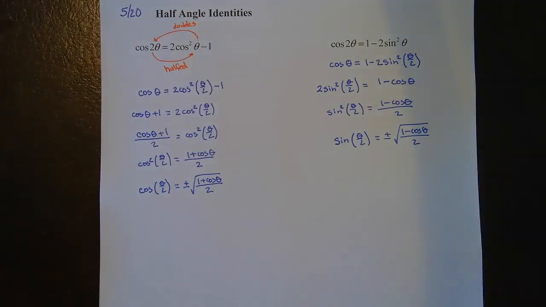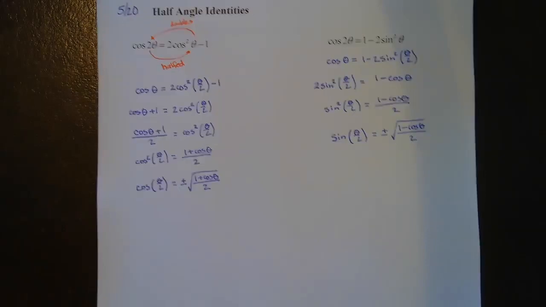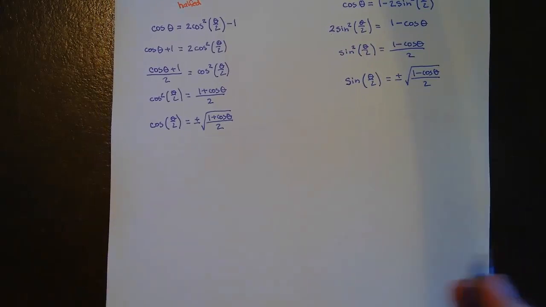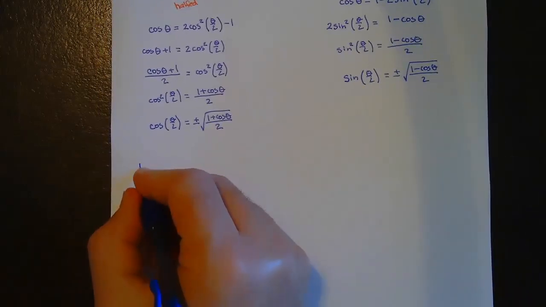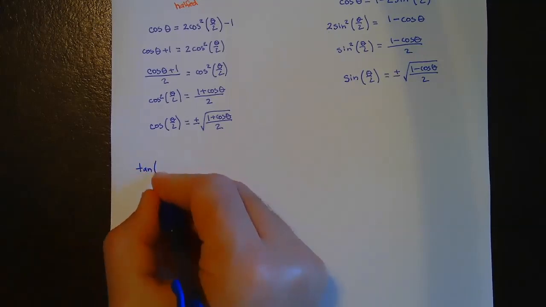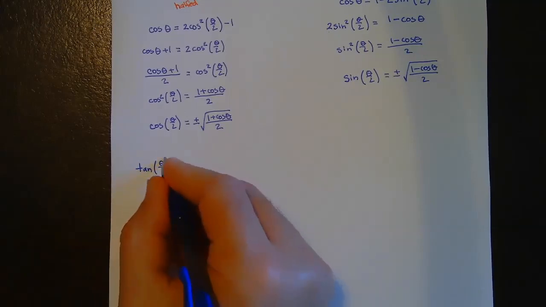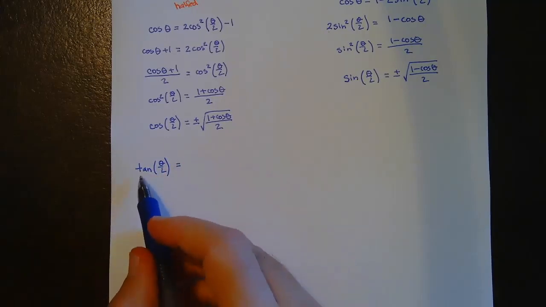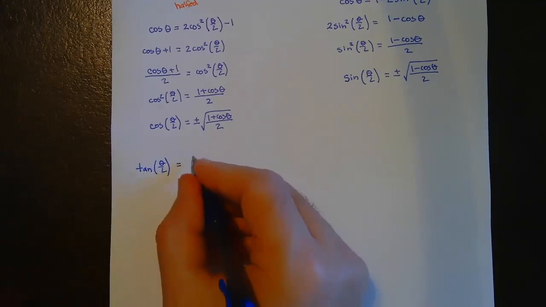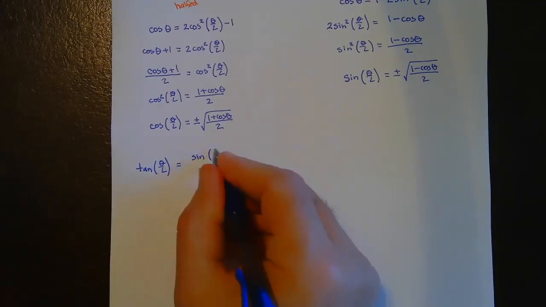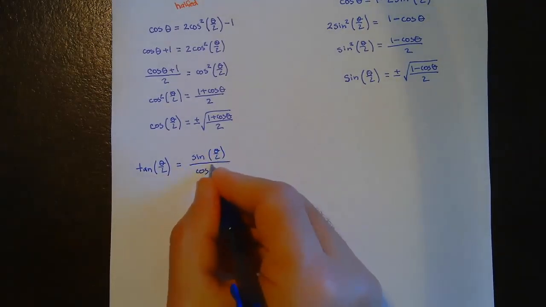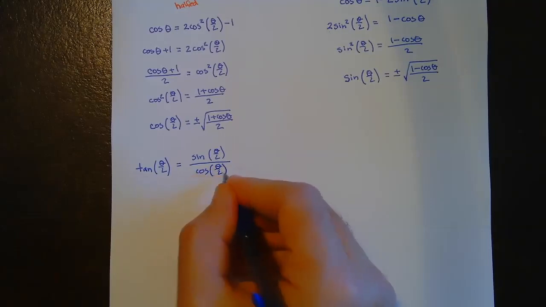We also have a half angle identity for tangent, okay? So I'm going to slide this up, and it actually is going to come from these two put together, okay? So what we have is tan of theta over 2 is equal to, and tangent is the same as sine over cosine. So this would be sine of theta over 2 over cosine of theta over 2.